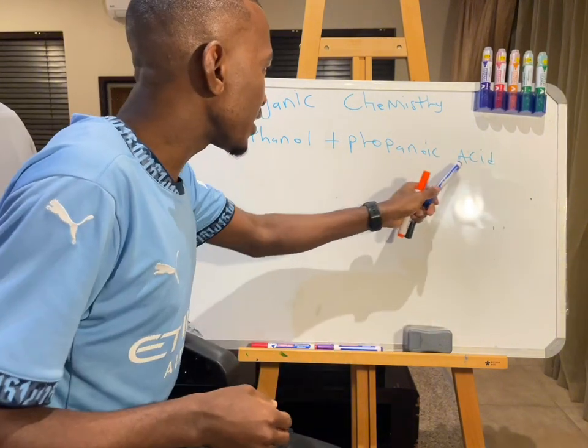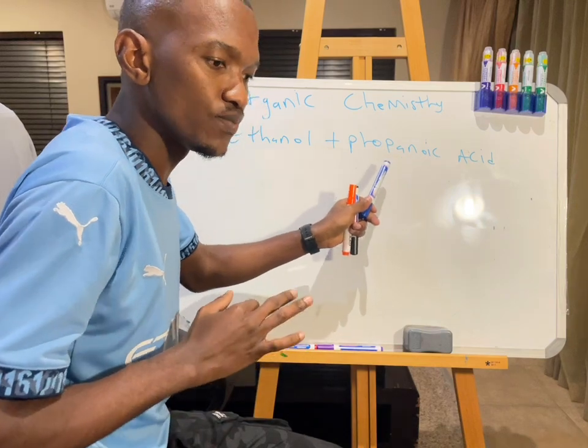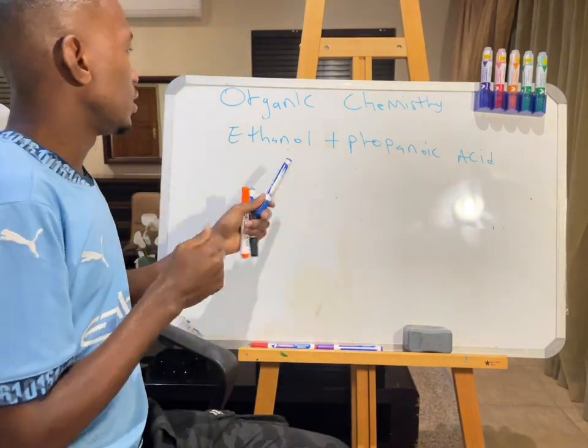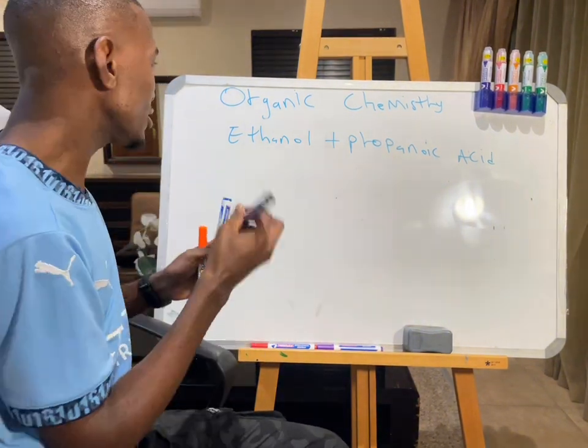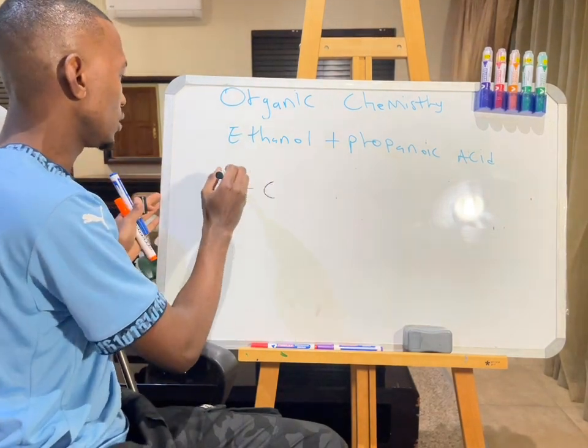Whenever you see oic acid, propanoic, methanoic, butanoic, ethanoic, those are carboxylic acids, right? Okay. Then we have ethanol and this guy. So let's draw the structures. Ethanol means we have two, so I'm going to just make two.